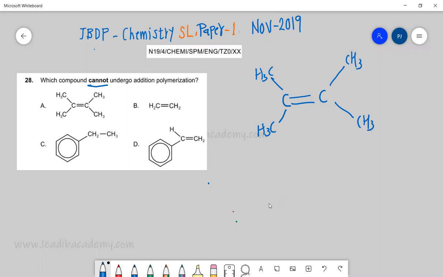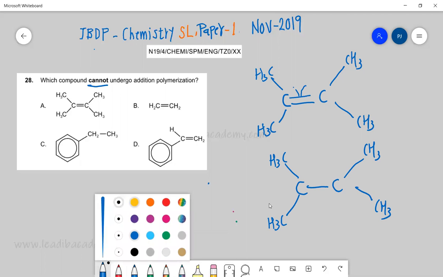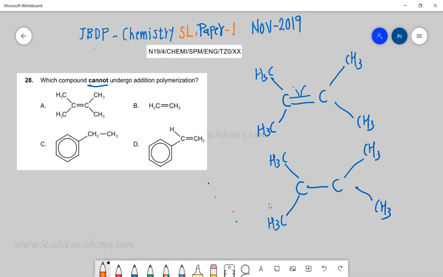The pi bond can open, and it gets converted into H3C, C, H3 and CH3, with the continuation bonds shown. So this can be possible with A.